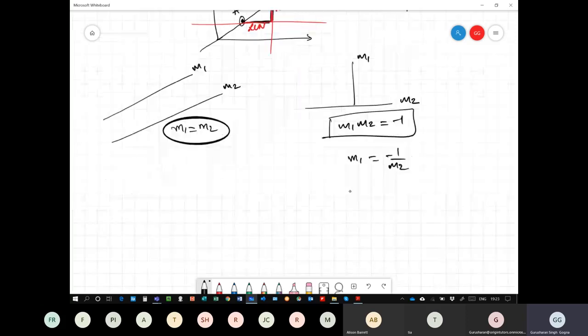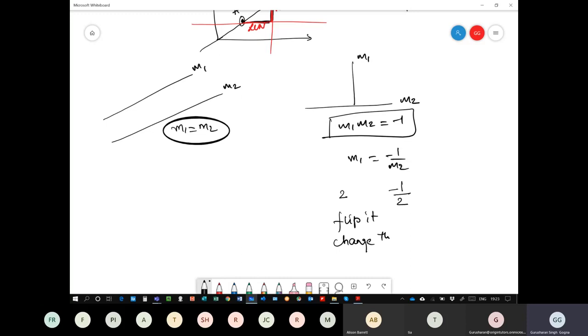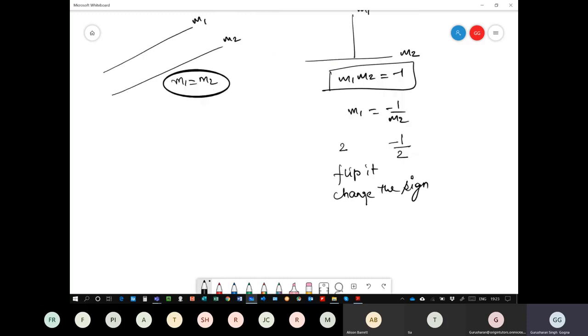So for example, if one line has a slope 2, the slope of the other line should be -1 over 2, which means you flip it and change the sign. Flip it and then change the sign. Okay, for example, if one slope is 3 over 4, you flip it, this is positive, so this should be negative.